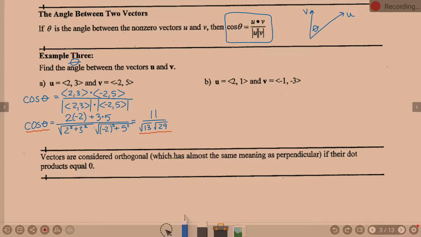If it's cosine theta equals a number, a value, then in order to find theta, we're going to do cosine inverse of this fun little fraction, 11 over square root of 13 times square root of 29. Realize we can multiply those, yes? So I could rewrite this as square root of 13 times 29 if you want.